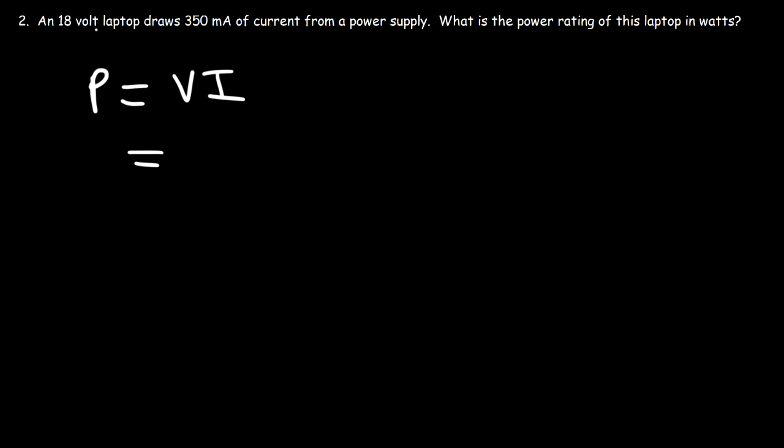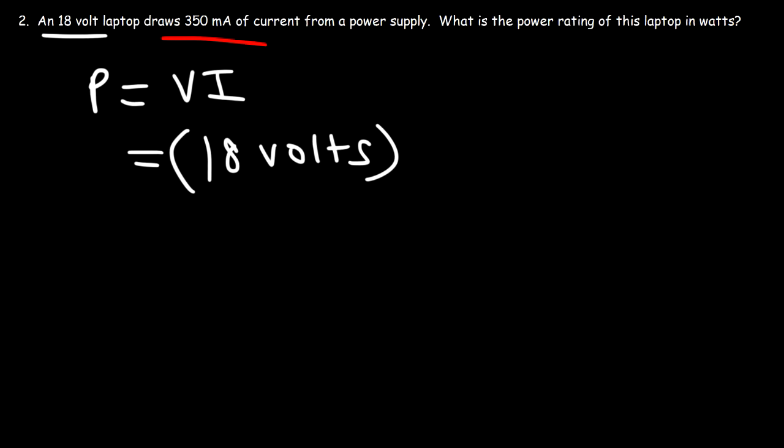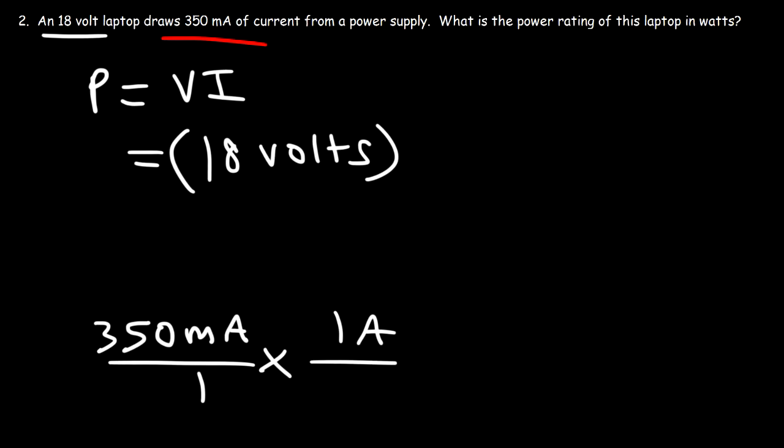We have the voltage, it's 18 volts. And we also have the current, which is 350 milliamps. However, we need to convert that to amps. So recall that 1 amp is equal to 1,000 milliamps. So to convert milliamps into amps, divide it by 1,000, or move the decimal 3 units to the left.